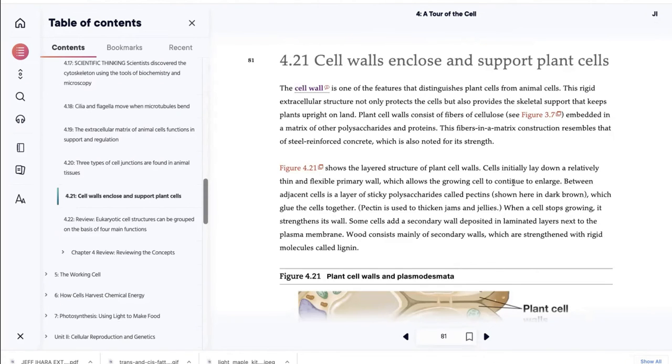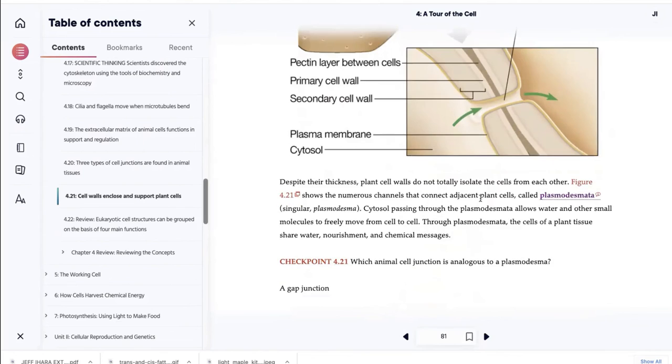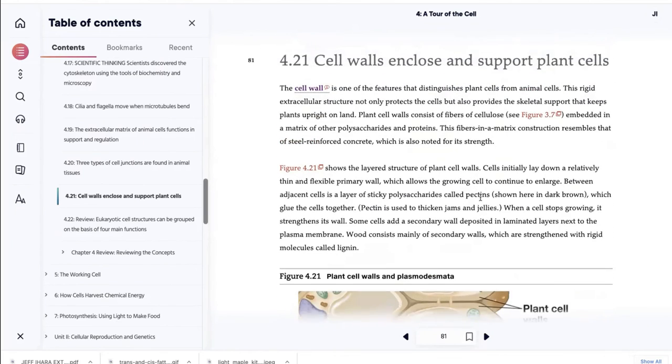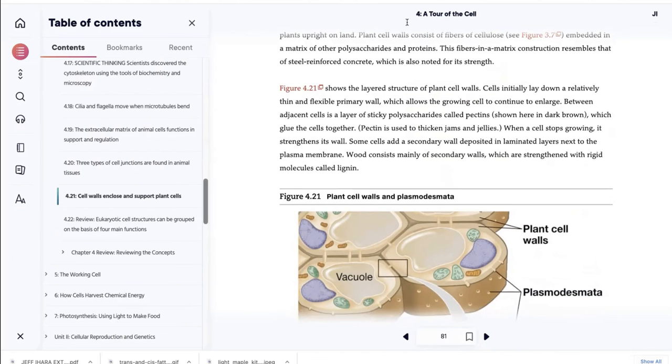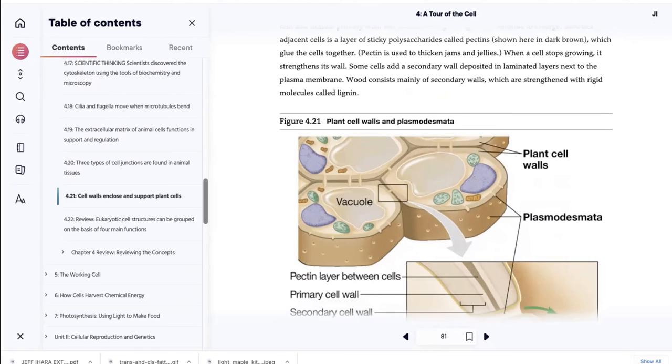The one thing that I will point out as a side note that really can't be ignored is the fact that plant cells, not animal cells, plant cells have cell walls that are outside of the plasma membrane. So let me do this a little bit more clearly.